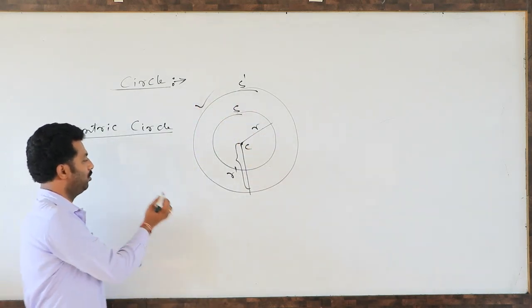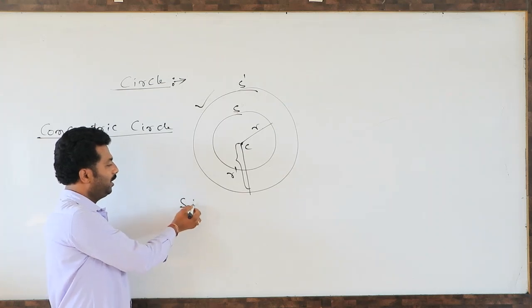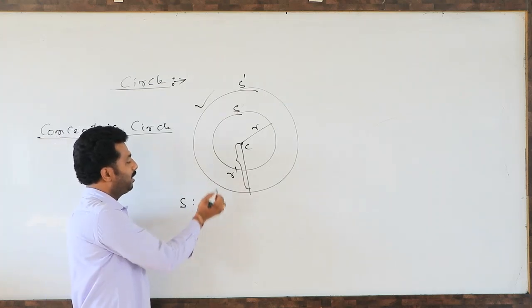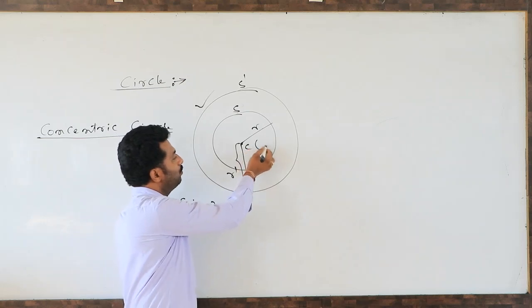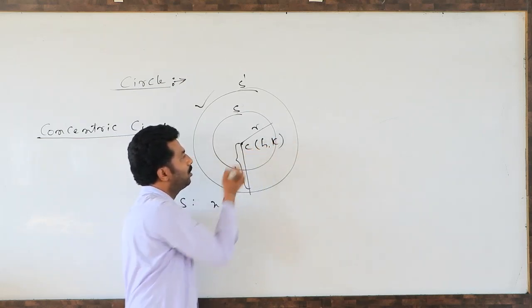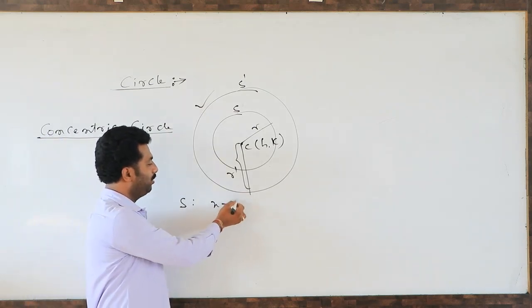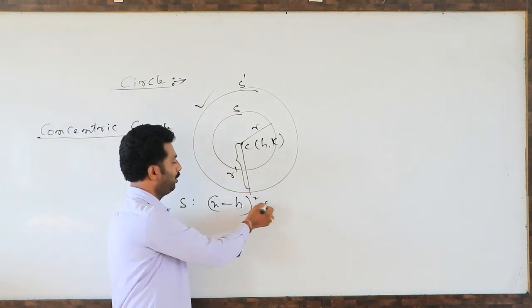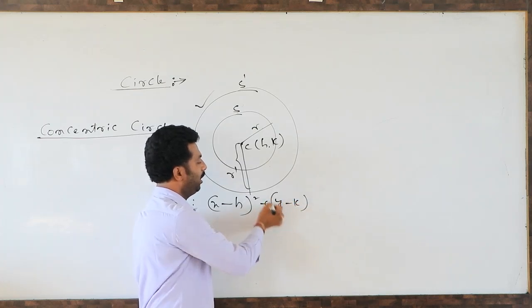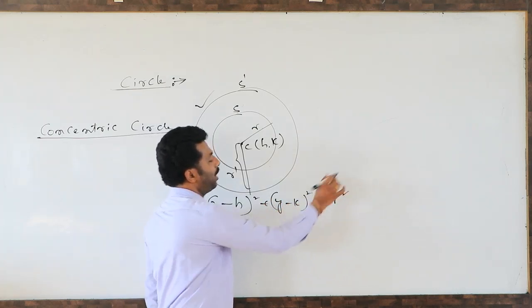One simple example you observe. First circle S. Suppose the center is h comma k, we are just assuming, and the radius is r. What is the equation of the circle? x minus h whole square plus y minus k whole square equal to r square.